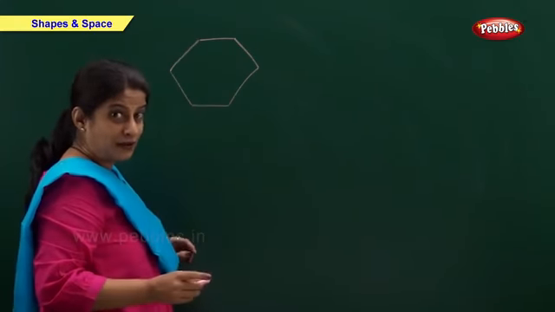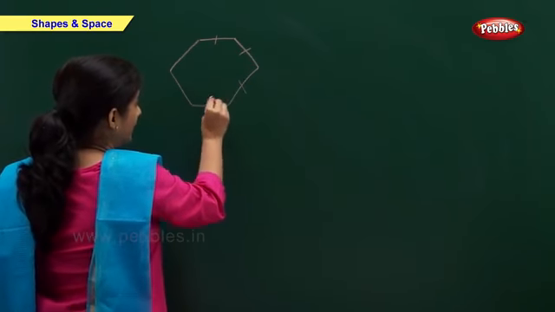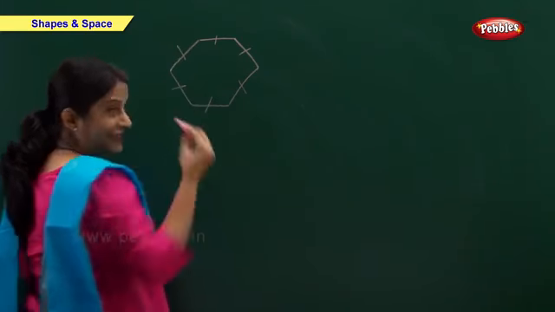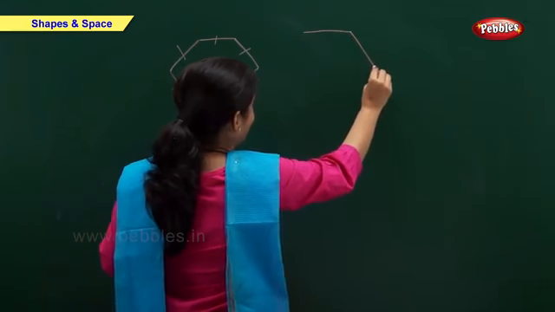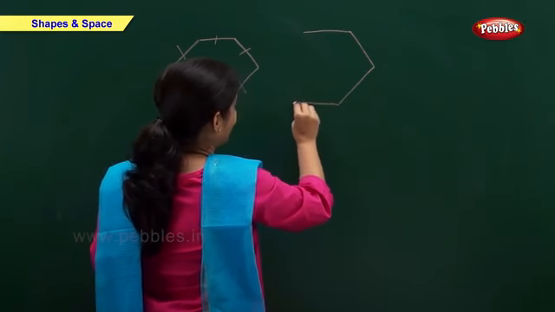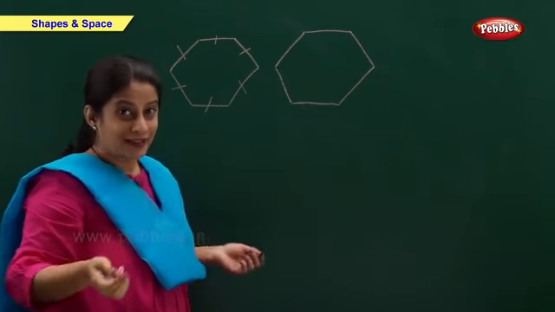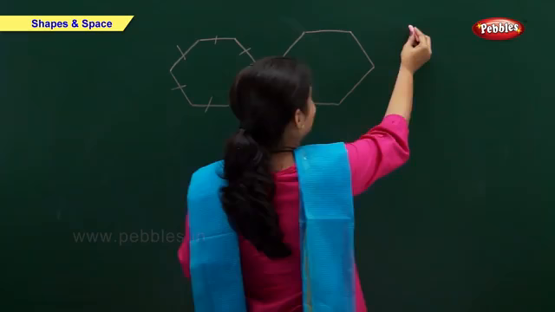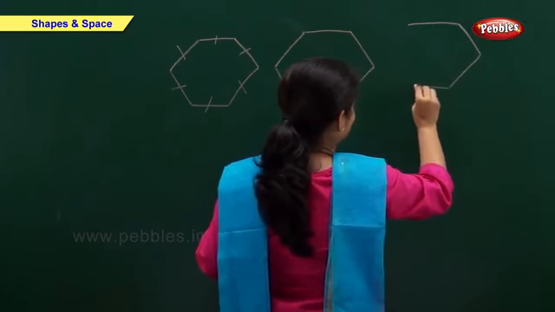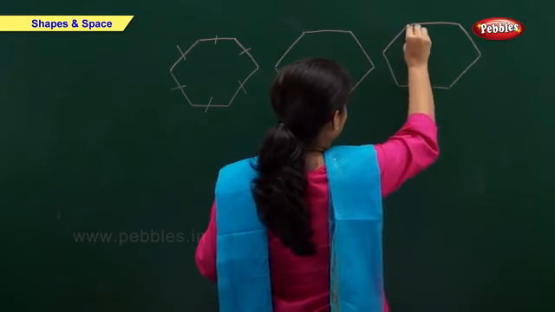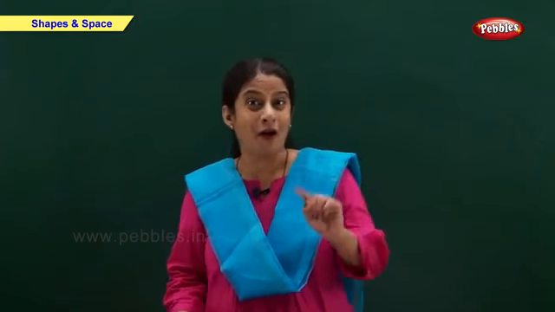Hexagon. Hexagon has 6 sides. 1, 2, 3, 4, 5, 6. Hexagon. Hexagon. Now let us draw an octagon.